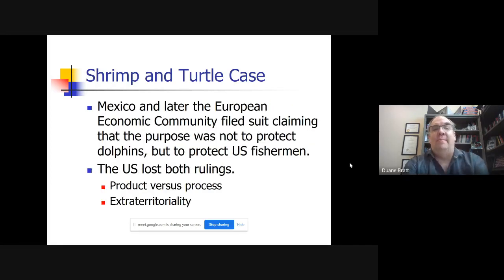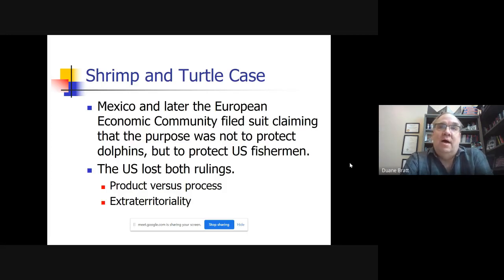And that's what happened. Mexico, as well as the European Economic Community, filed suit in the GATT against the United States, saying that the purpose was not to protect dolphins, but to protect U.S. fishermen. The U.S. lost both cases, and they lost both cases on very similar grounds.